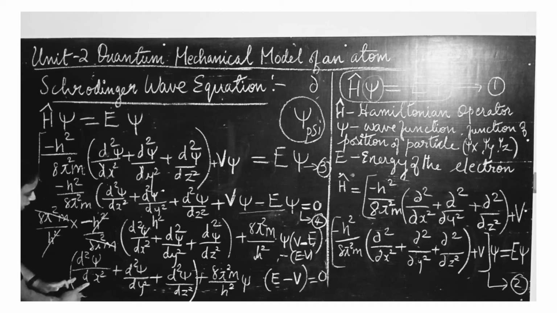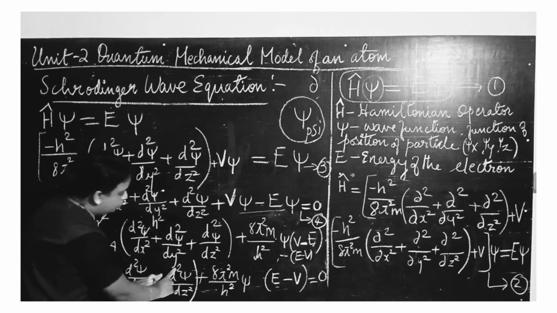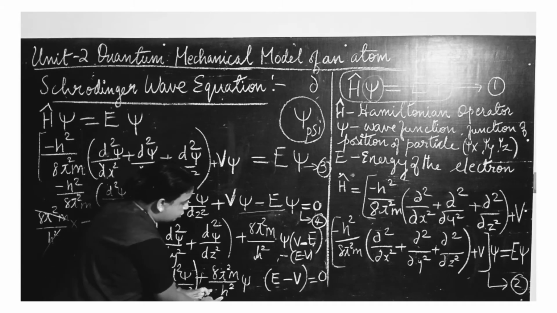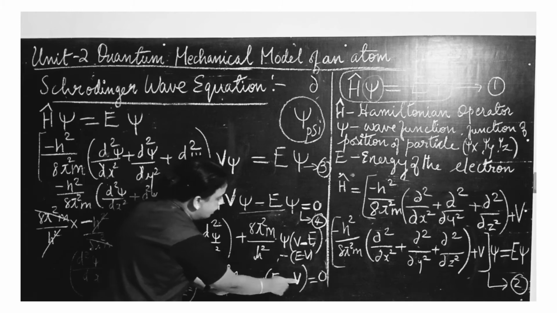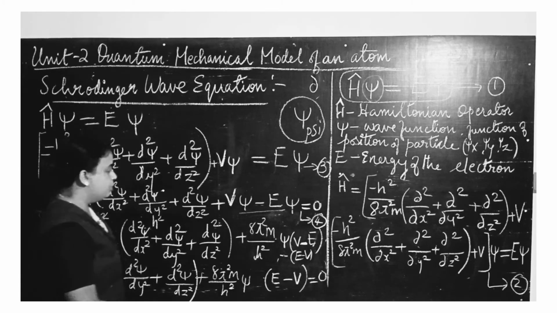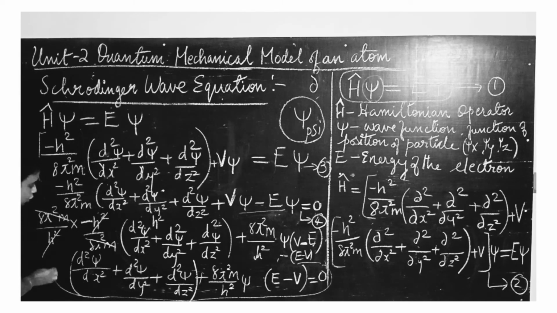Now I write the expression. Dou square psi by dou x square plus dou square psi by dou y square plus dou square psi by dou z square plus 8 pi square m by h square into psi into E minus V is equal to 0. So this expression is nothing but your Schrodinger wave equation.